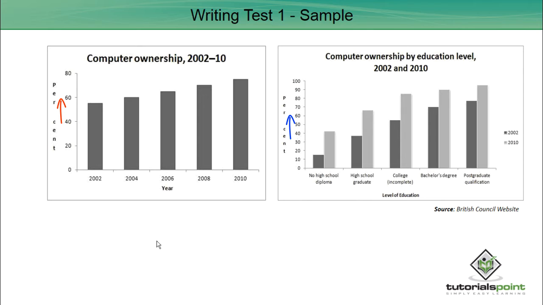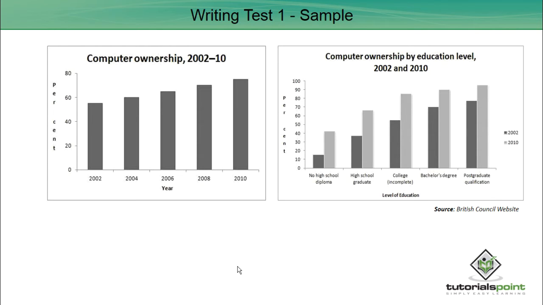So come up with a good introduction, then a statement that says the stance you're taking or what you have understood by the trends, and put together some example if you know any, and then plan the flow of your answer. The flow of your answer is very important here. So you need to plan the flow of the answer by making short notes in the blank space given on the question paper itself. So this is about the sample which I wanted to show you for writing test 1.